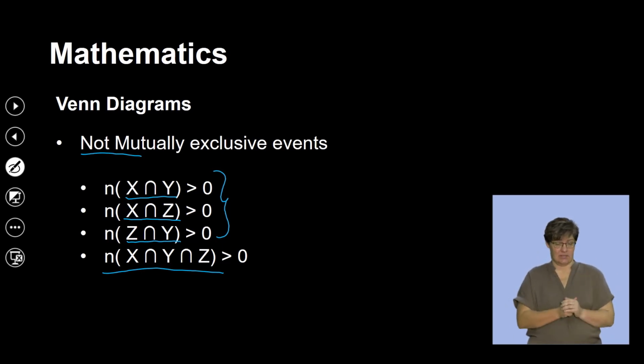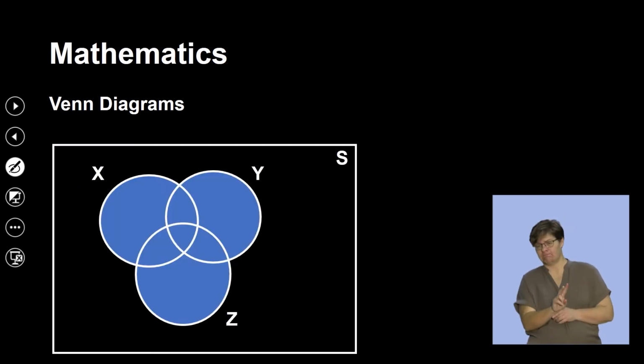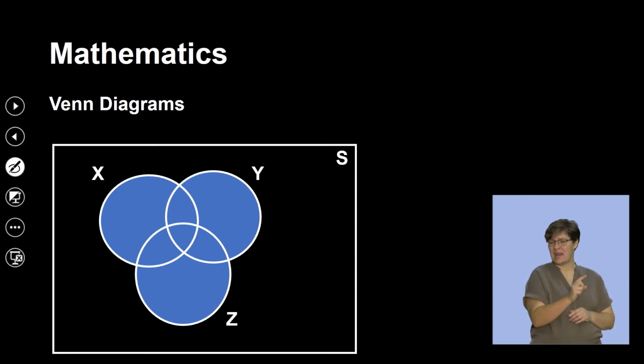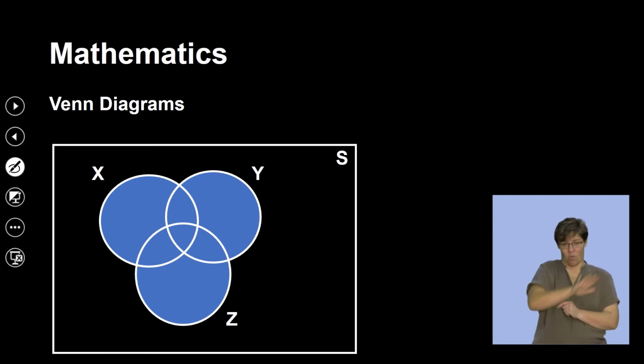When we look at these and we say, well, what's the area that represents at least one element in X or Y or Z? It will be that whole area as represented there. And so we're going to do some investigations to look at establishing from data that has been collected in the field what these intersections could be and what the probability of certain events taking place. These are quite fun, and I'm looking forward to going through some with you.